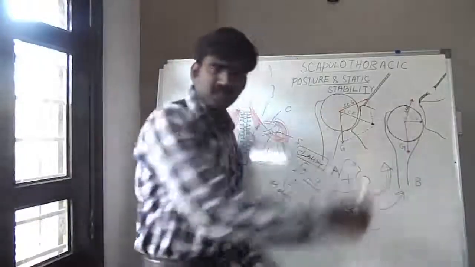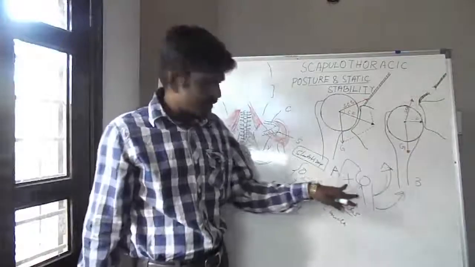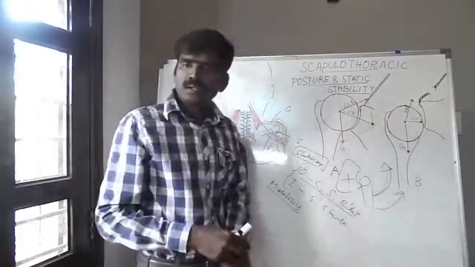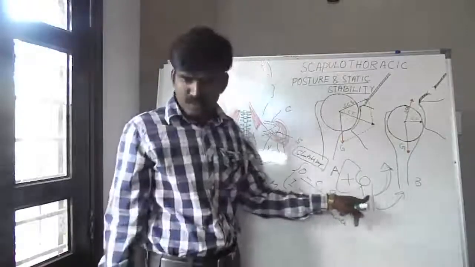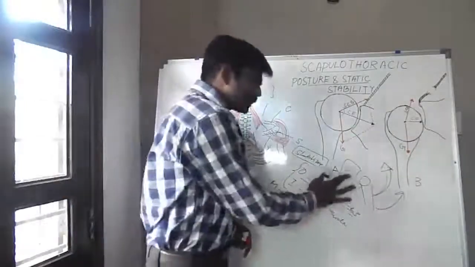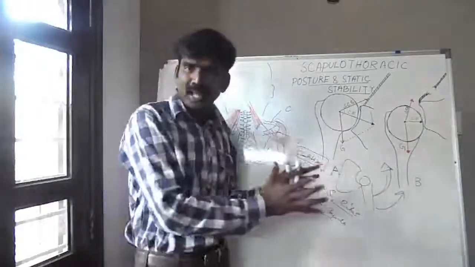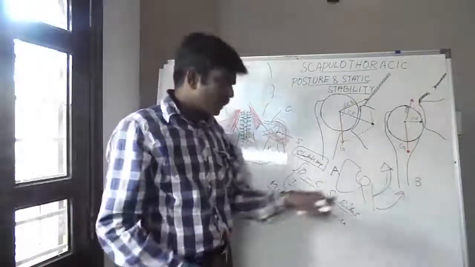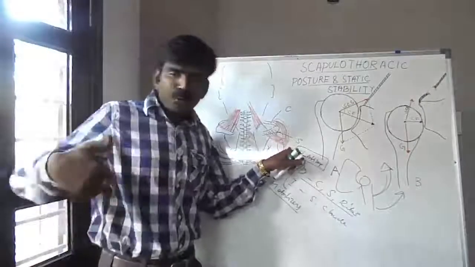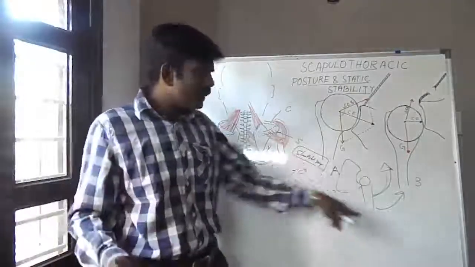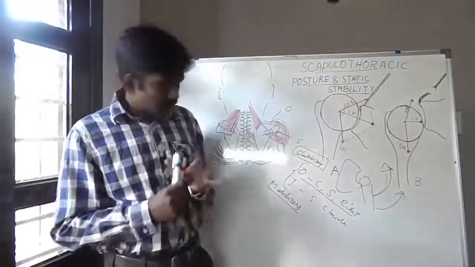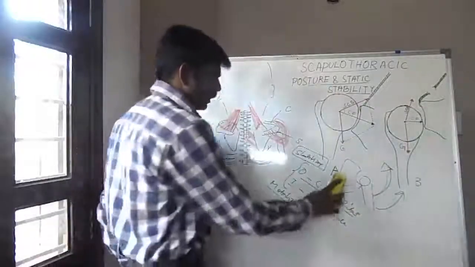So if the scapula is also rotating along with the humerus, then the deltoid will not get the torque. In other words, the scapula is the base for the humerus. If the scapula is not stabilized, then the deltoid muscle cannot produce its maximum torque during abduction of the glenohumeral joint. So this is about the role of muscles.